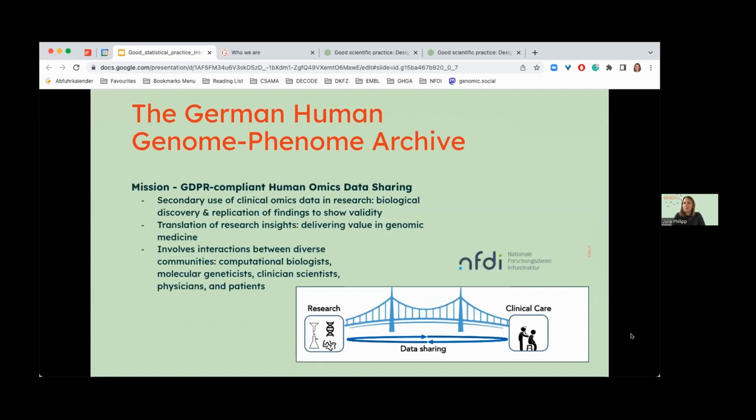In case you haven't been to one of these webinars, I want to briefly introduce to you what GHGA is. It stands for the German Human Genome-Phenome Archive, and our mission is to provide infrastructure for GDPR-compliant human omics data sharing, to allow for secondary use of clinical omics data in research, which could enable further biological discovery and replication of findings, and further translation of research insights into genomic medicine.